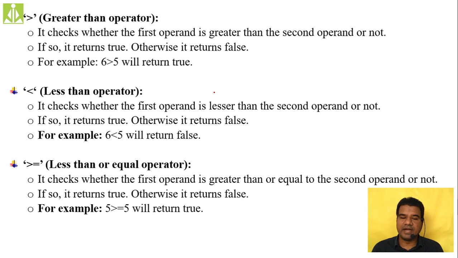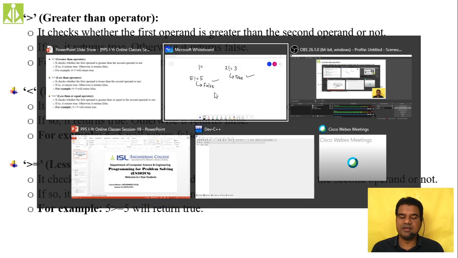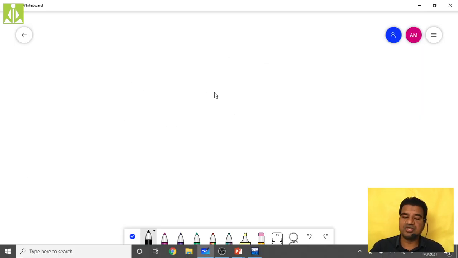Then we have the greater than, less than, greater than or equals to, and less than or equals to operators. They are very simple. Simply, they check whether a particular operand is greater than the second operand or not. Suppose you are doing 5 greater than 7. We are applying the greater than operator between 5 and 7.